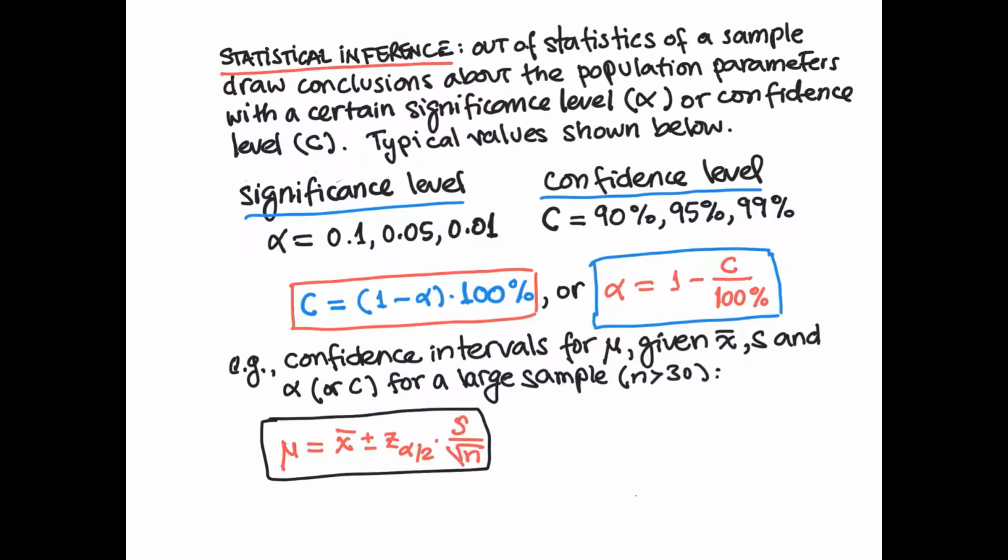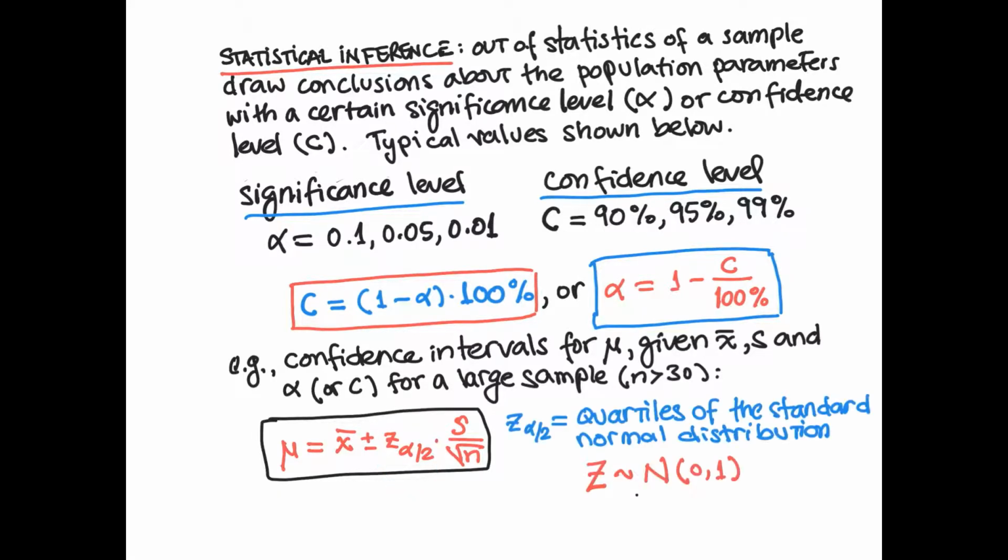Those confidence intervals are given by this equation, where we notice the presence of a quantile of the standard normal distribution, represented by a random variable z that follows the normal distribution with zero mean and standard deviation equal to one.